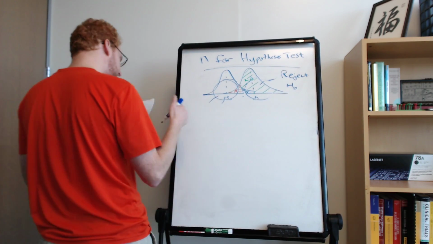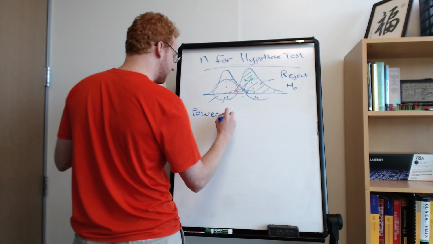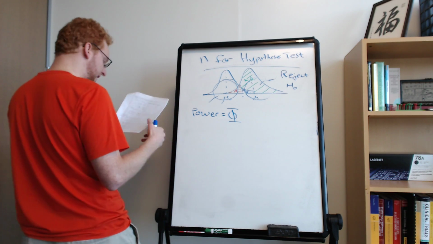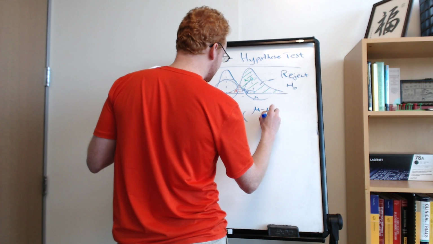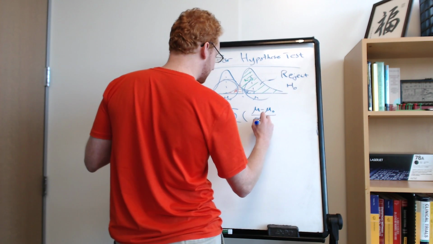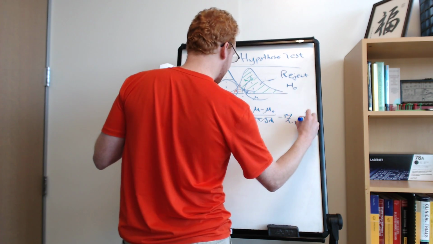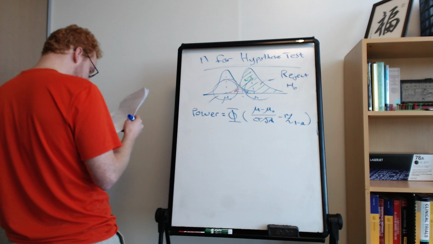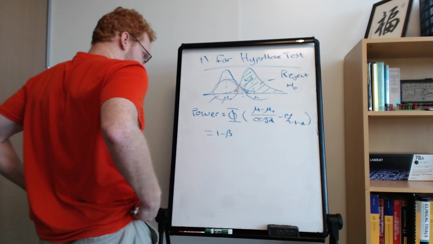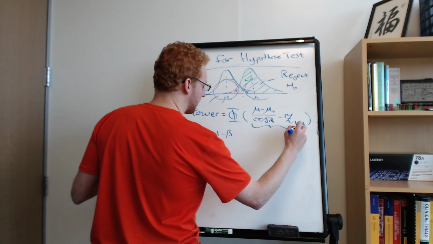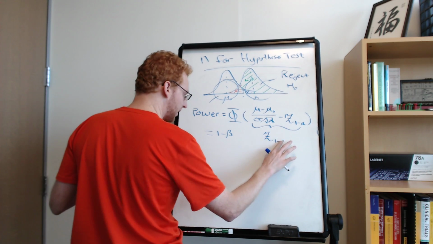So the power is equal to phi, the CDF of the standard normal distribution, of mu minus mu0 divided by sigma over root n minus z of 1 minus alpha. And that's equal to 1 minus beta. And so this part is equal to z of 1 minus beta. Beta, not alpha.